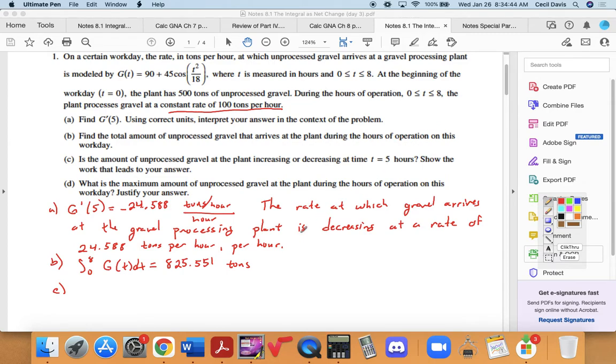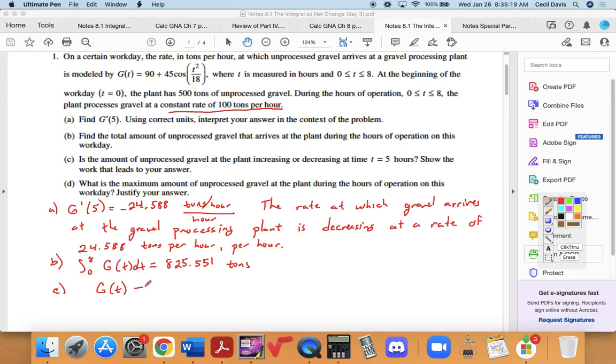Okay? So the rate at which the amount is changing is going to be given by the integral, right? Minus how much is being processed. So what we're going to do here is go, okay, we're going to take g of t, which is the rate at which gravel is coming in, right?